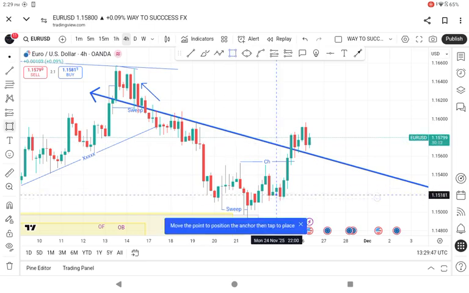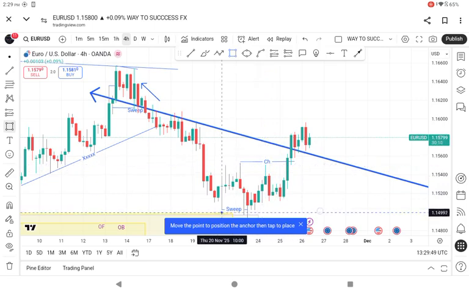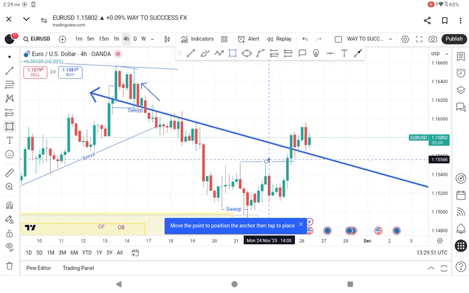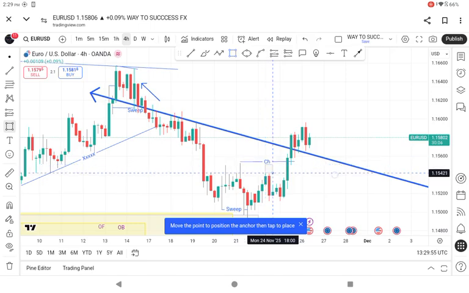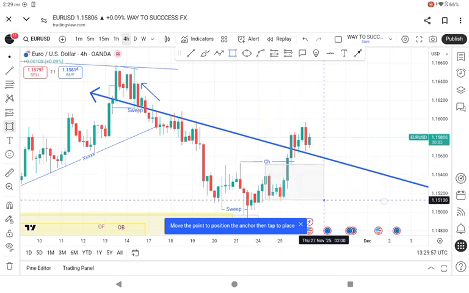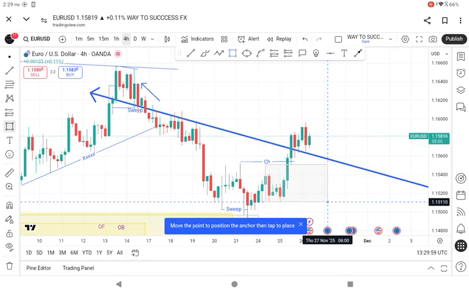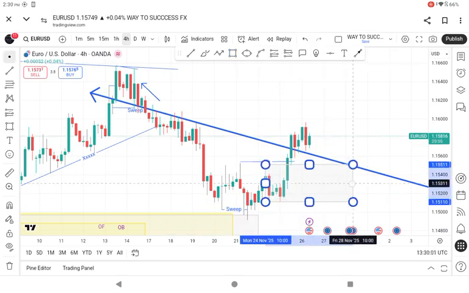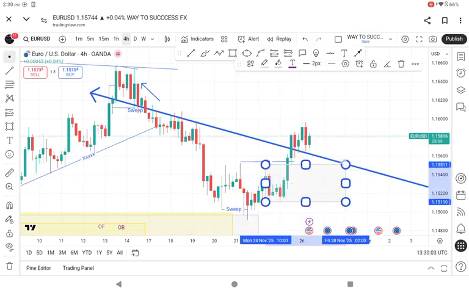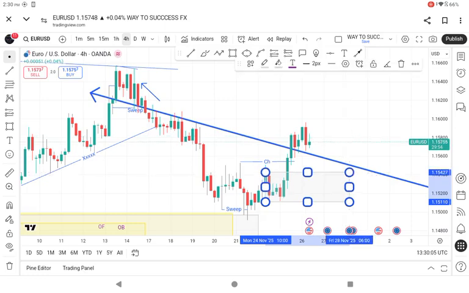For me, since price has swept this low, if price should return to this level, this box, I am ready to buy. And if you can see, we still have imbalance at that level.